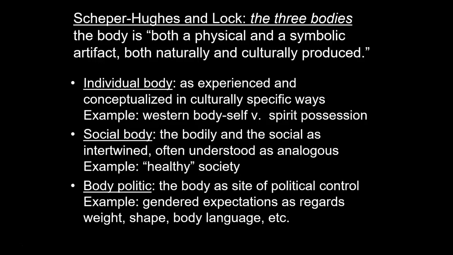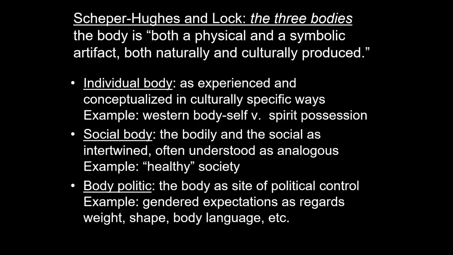And the third body they talk about is what they term the body politic. And this references the idea that the body is also a site of political controls of various sorts, some of which we enact ourselves, right? We, to some degree, police our own bodies around some of the social expectations around us. And in plenty of other ways, your body is policed by external forces.